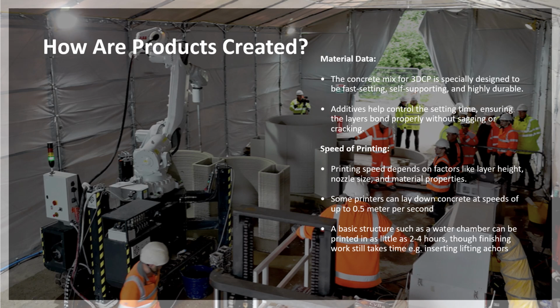But typically, like in the picture you can see on the screen, you're anticipating 3 to 5 minutes of setting time and a speed of half a metre per second on extrusion. A basic structure, like the one you could see in this picture, could be printed in under 2 hours, but typically between 2 to 4 hours, with some additional time allowed for finishing works, such as inserting lifting anchors.